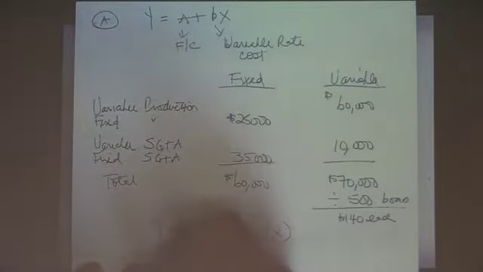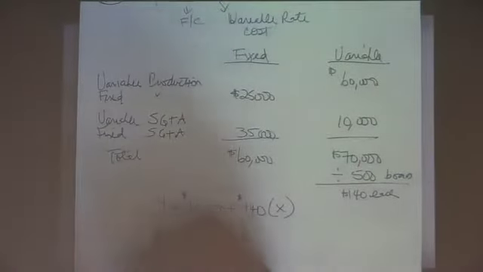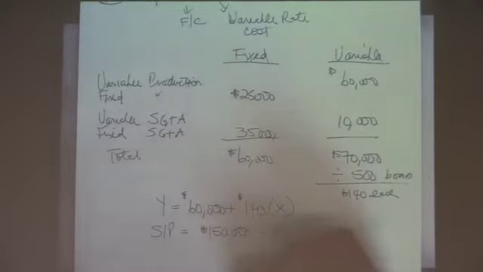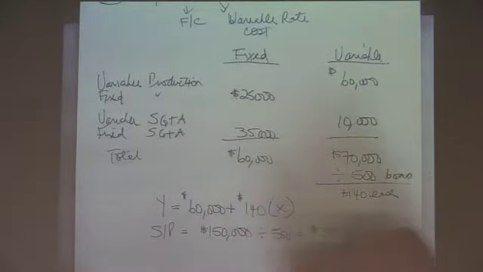That's our cost function. Now we know that the selling price is, we just calculated that, but let me do it again. Divided by 500 is $300 per board.